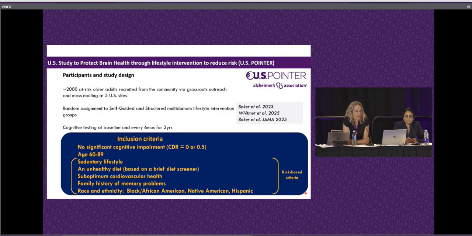I won't go through the inclusion criteria, but you can see this risk-based criteria on the screen here. And I think all of these unique aspects of how pointer participants were both recruited and also enrolled with these risk-based criteria plays into this question of generalizability that we're going to talk about today.